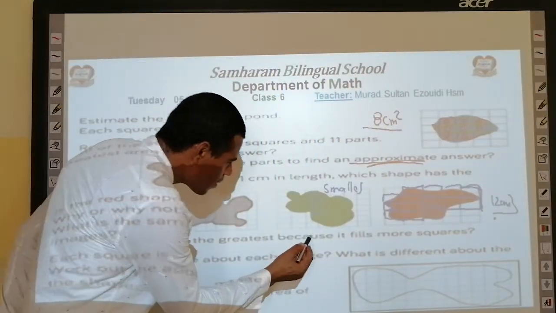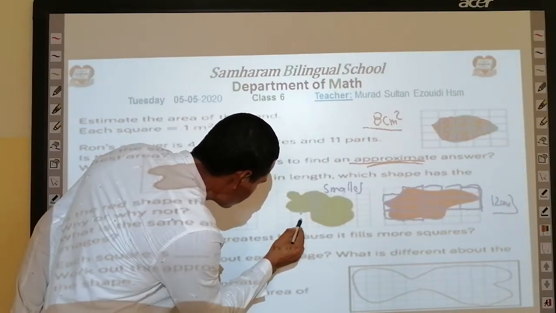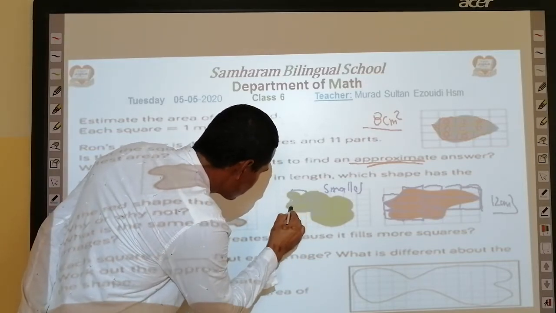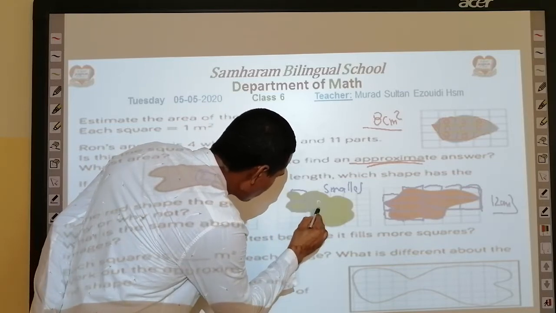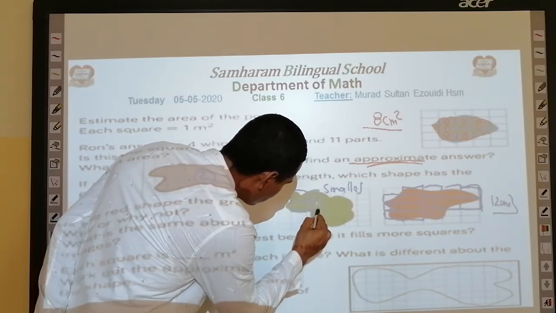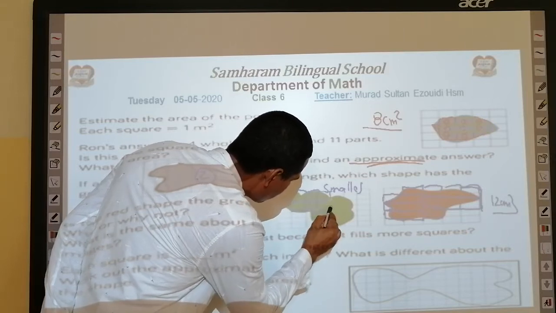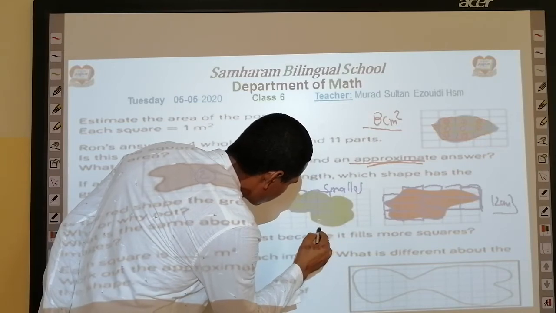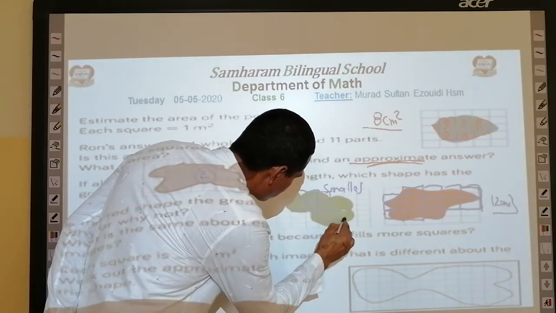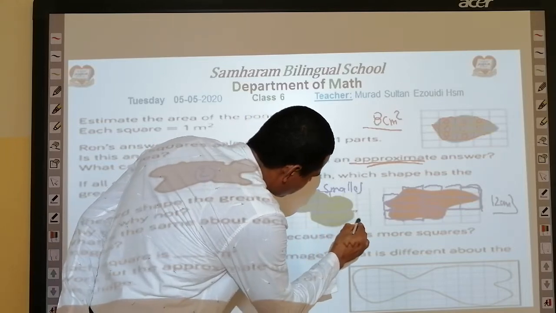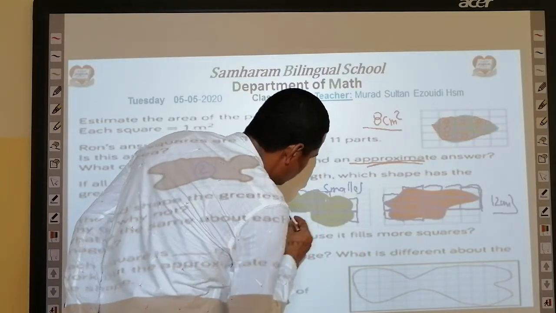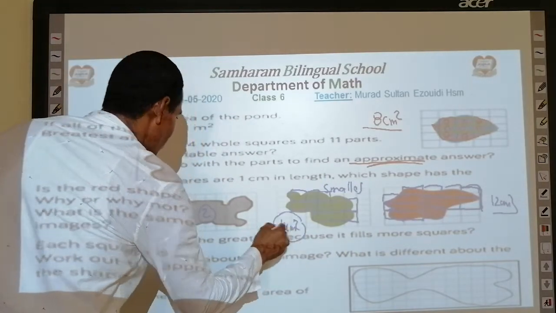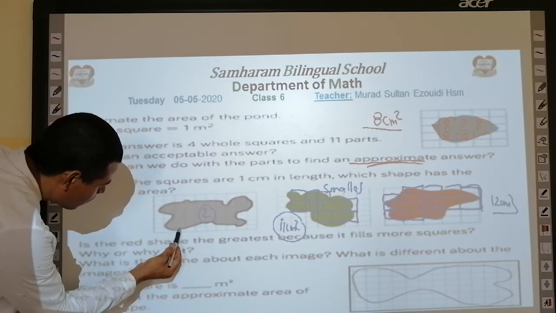Then the next one: 1, 2, 3, 4, this I will consider 5, this is 6, this is 7, this is 8, this is 9, this is 10, this is 11, so this is 11 centimeters squared, approximately.